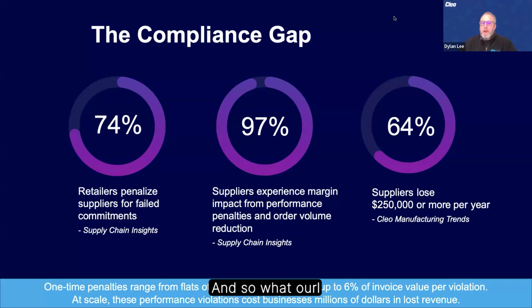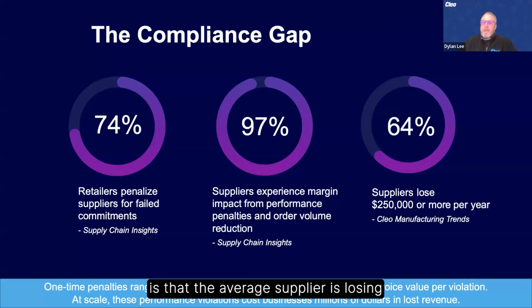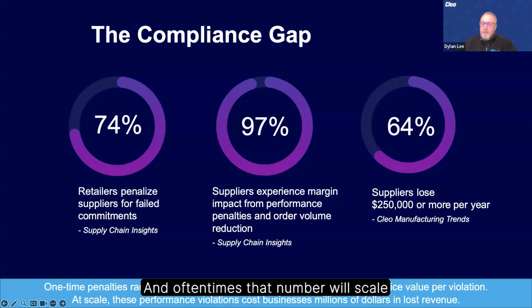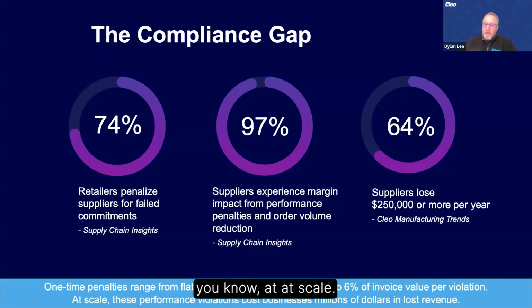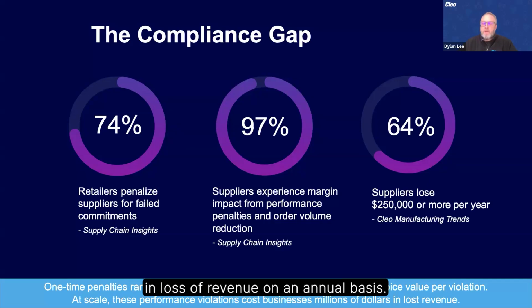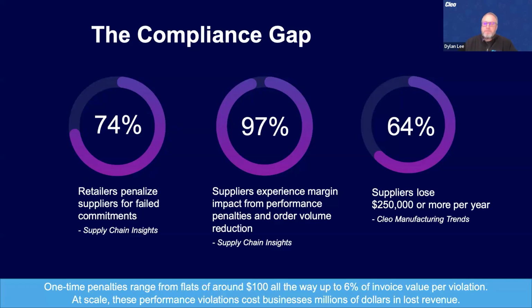And so what our research and market research has shown is that the average supplier is losing at least $250,000 or more per year. And oftentimes that number will scale based on the size of your company. So while individual penalties might be only $100 each, at scale and over time, this can equate to millions and millions of dollars in lost revenue on an annual basis.